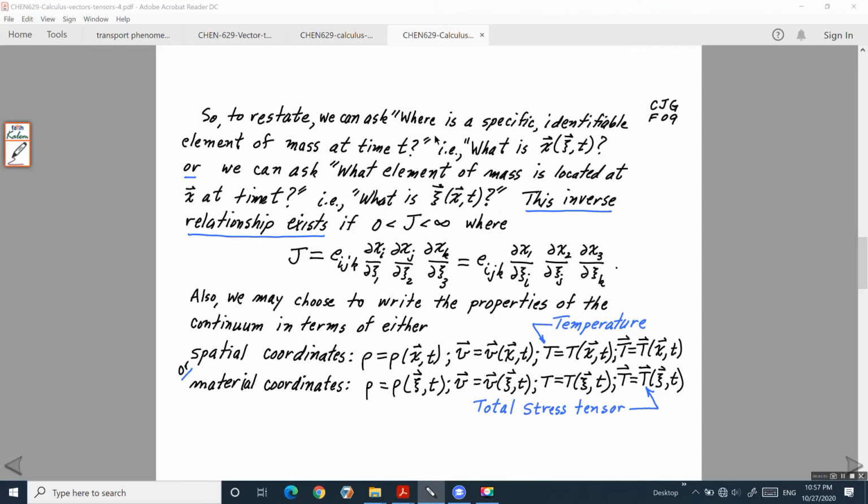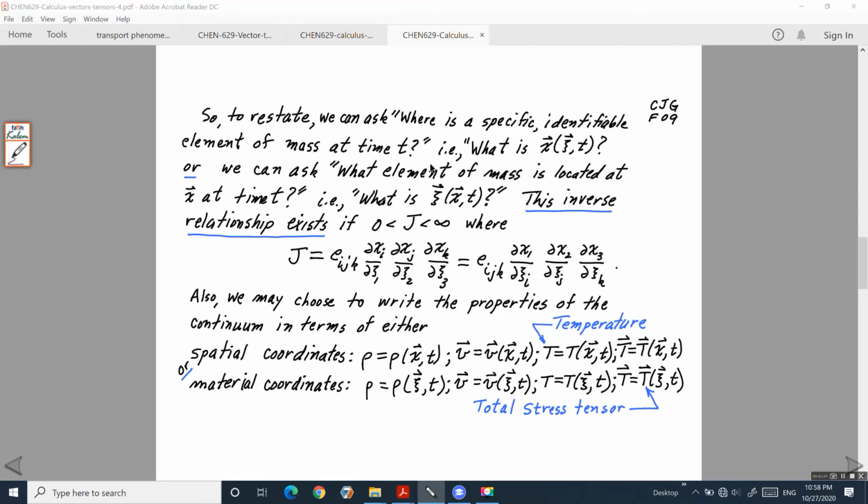Now continue our discussion here. We can ask what is the specific element of mass at the time t. If you want to find your mass, the element of your mass inside of your control volume at any time t, you answer that question.